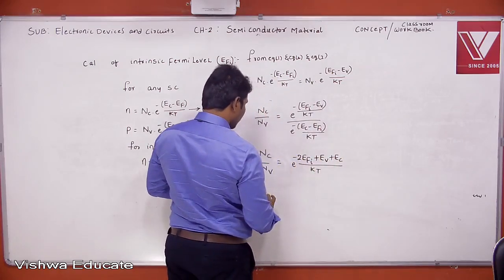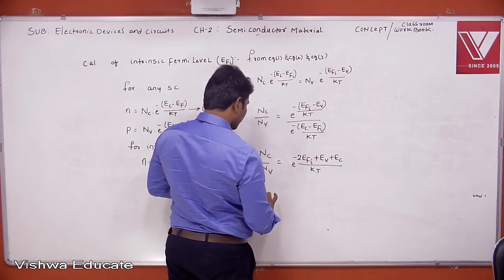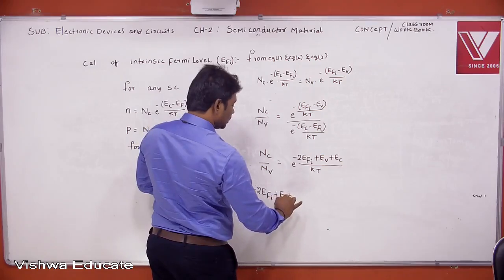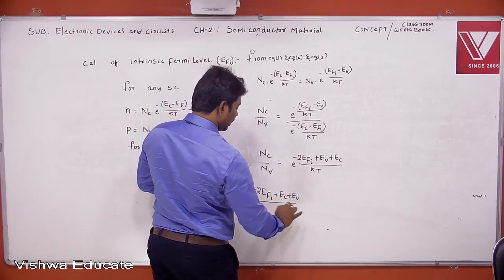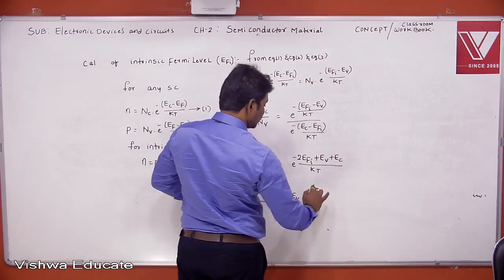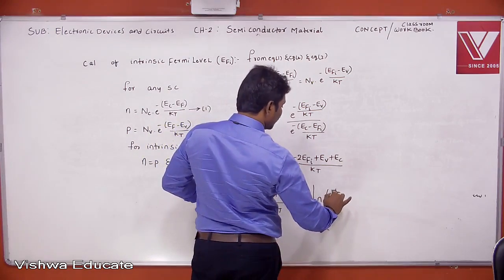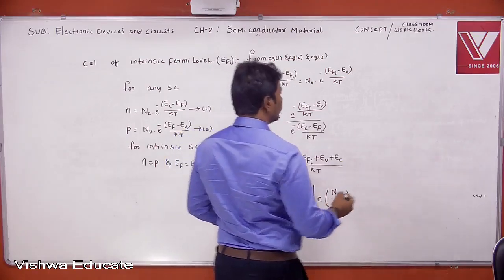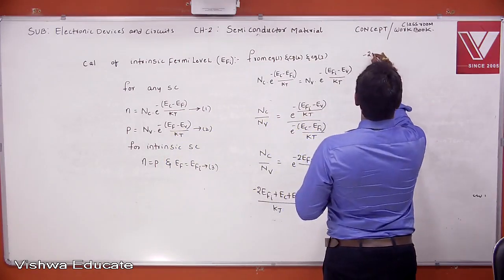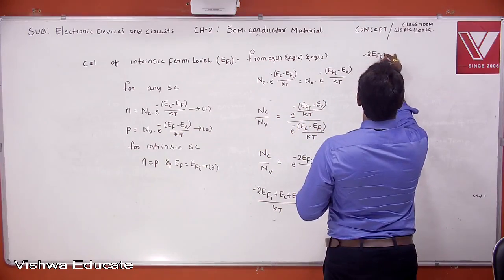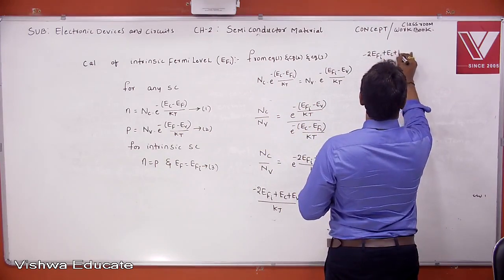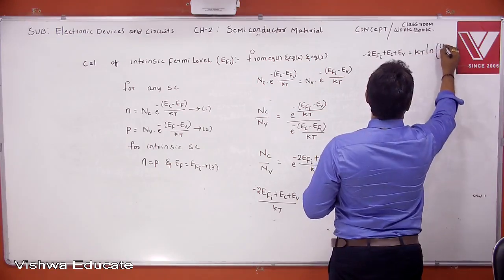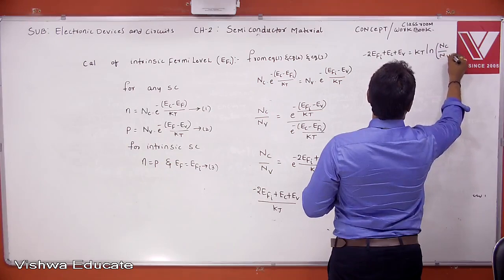Now take logarithm on both sides: minus 2 EFI plus Ec plus Ev by kT equals ln of Nc by Nv. From this, minus 2 EFI plus Ec plus Ev equals kT into ln of Nc by Nv.